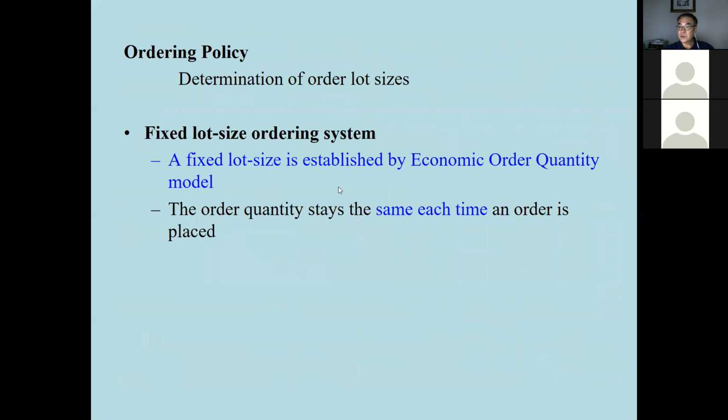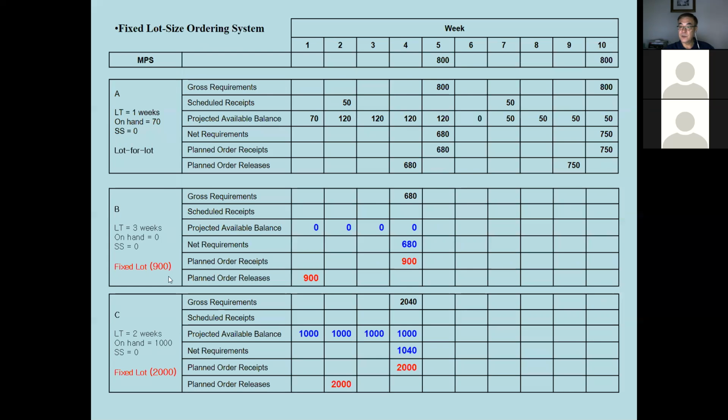Then if we use fixed lot size, we assume 900 order quantity is the economic order quantity for part B, and then 2000 for the C.